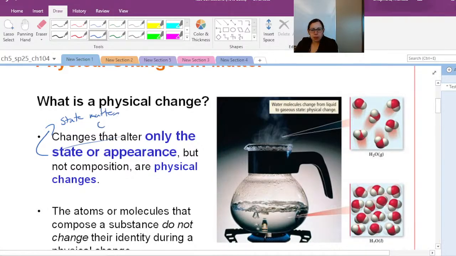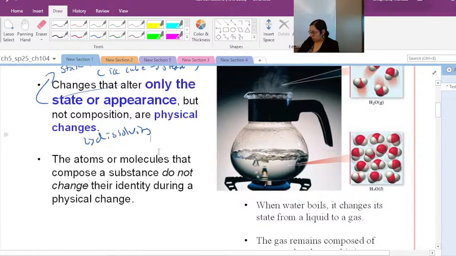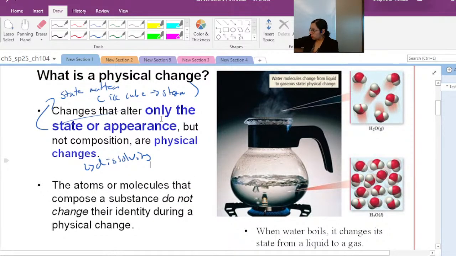Think of boiling water, taking an ice cube to steam. You can also add dissolving. Dissolving is a physical change. If you're making some nice Kool-Aid mix, we're just dissolving it in there. You could re-separate out the sugar and whatever else is in your Kool-Aid mix.